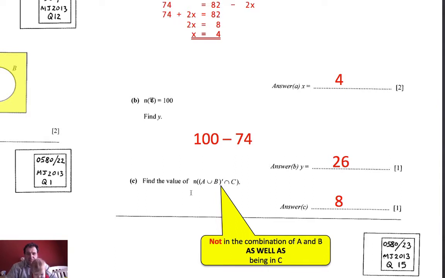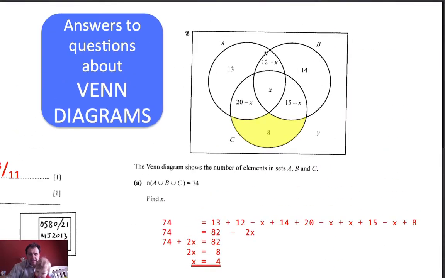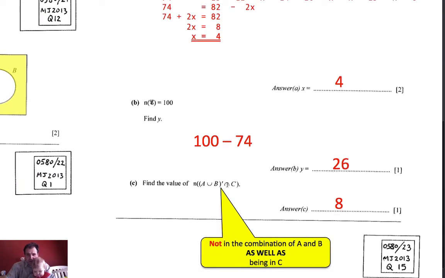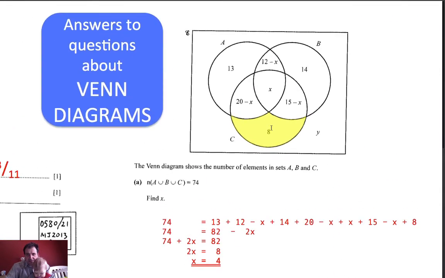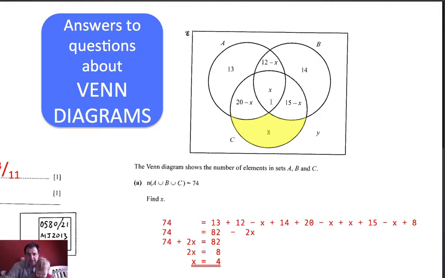And then finally it says find the value of n, so that's the number of elements in A union B dash intersection C. Well, that needs some breaking down. So A union B is everything that's in A or B or both. But then it's got a dash outside that, so that's everything that's outside A or B or both. So that's basically the 8 and the y.